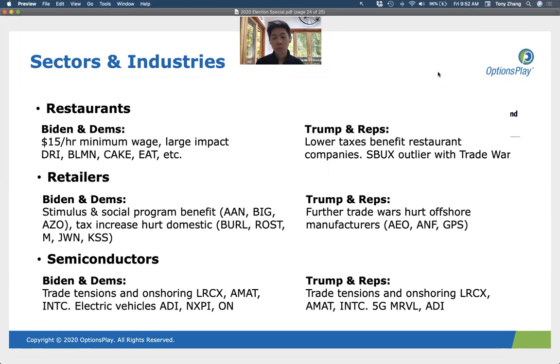And then lastly, when we look at semiconductors, this is a very complex industry to analyze at the moment, because both Trump and Biden agree on onshoring and bringing manufacturing back to the US.